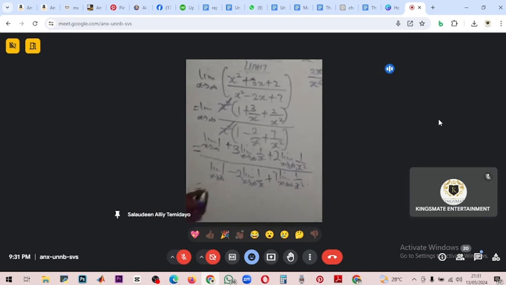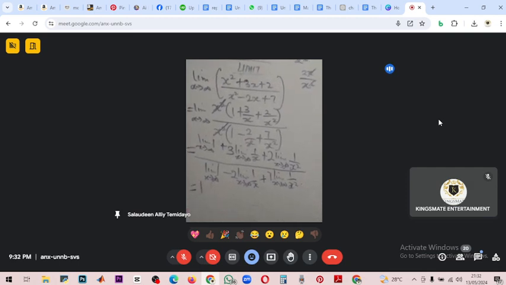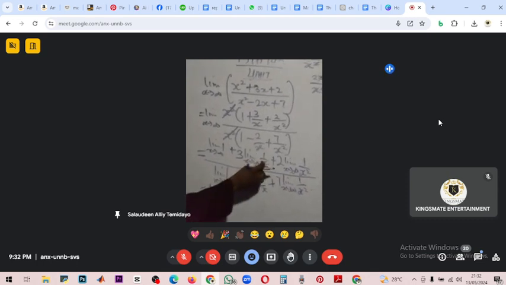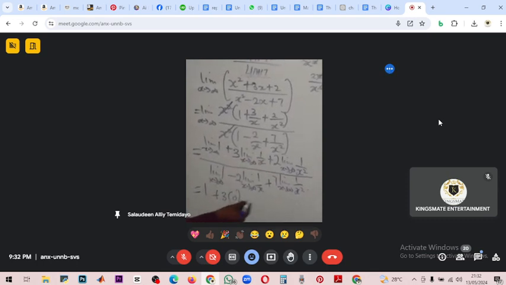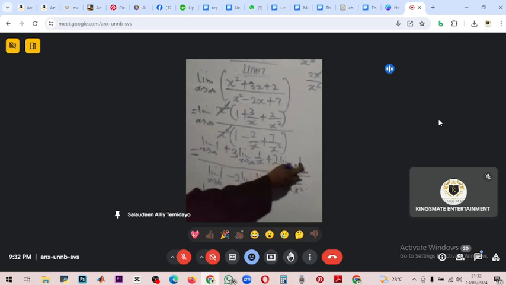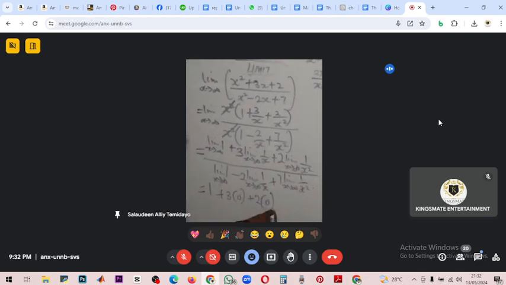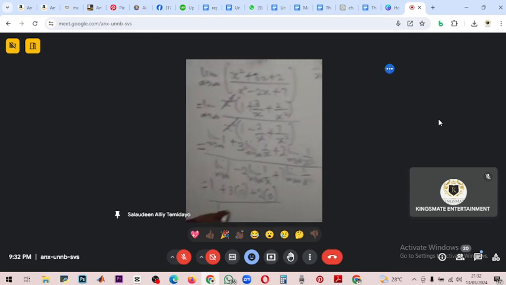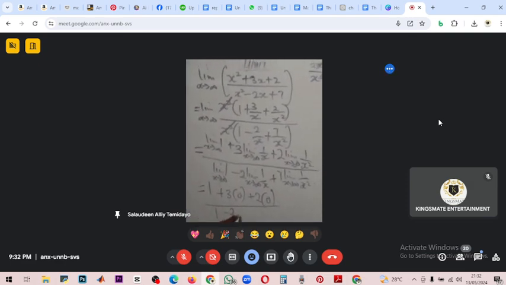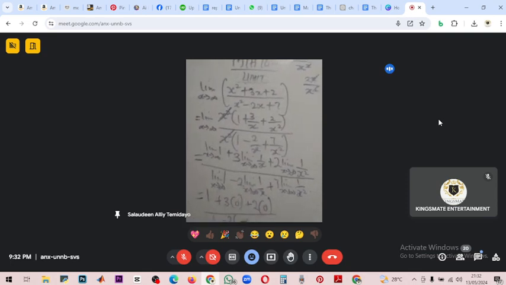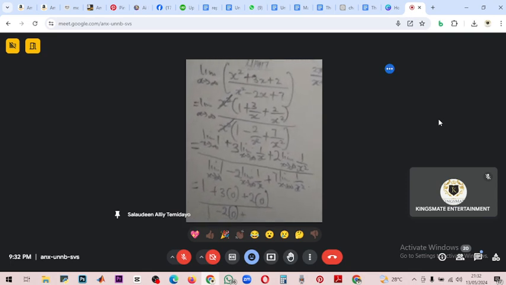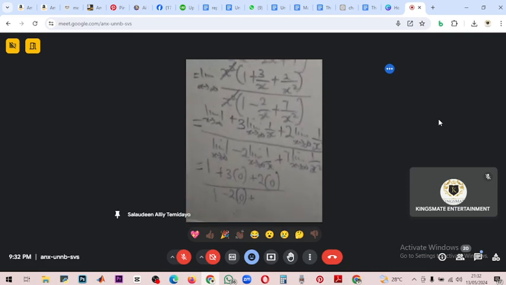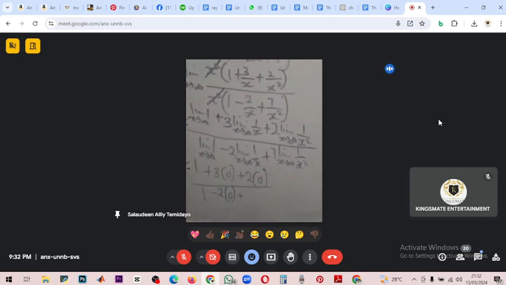Let's go. The limit as x goes to infinity of 1 is 1, the limit of any constant. Plus 3 times the limit of 1 over x, which is 0, plus 2 times the limit of 1 over x squared, which is 0, over the limit of 1, which is 1, minus 2 times the limit of 1 over x, which is 0, plus 7 times 0.